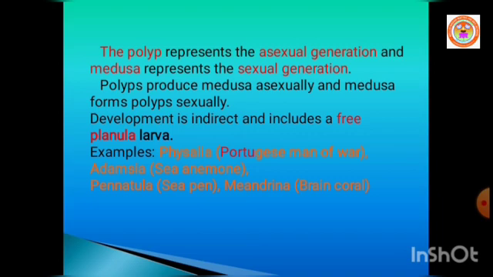Polyps produce medusae asexually, and medusae form polyps sexually. Development is indirect in Cnidaria and includes a free swimming ciliated planula larva.